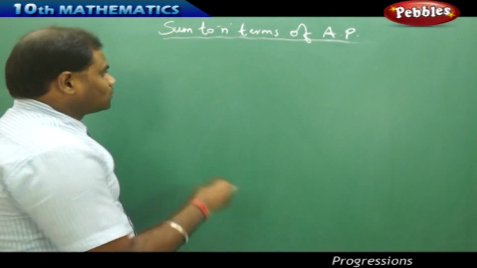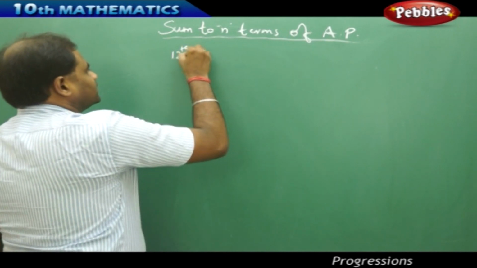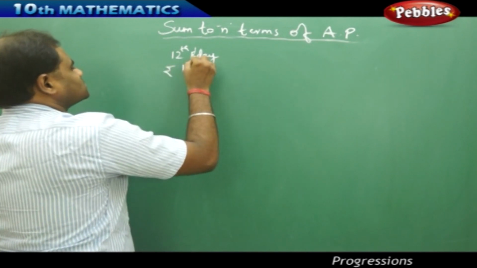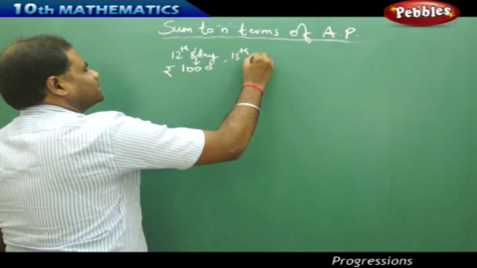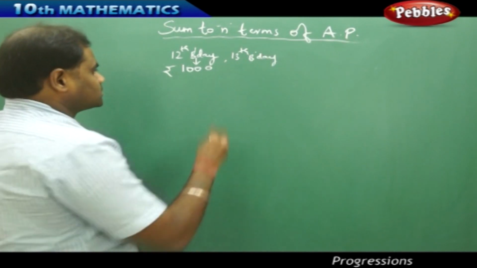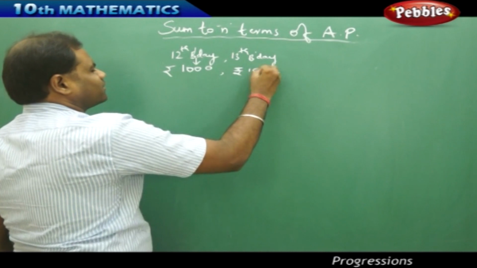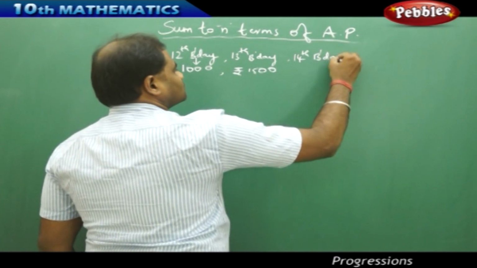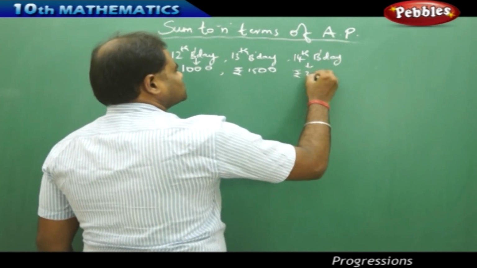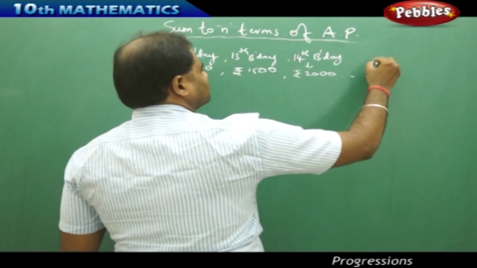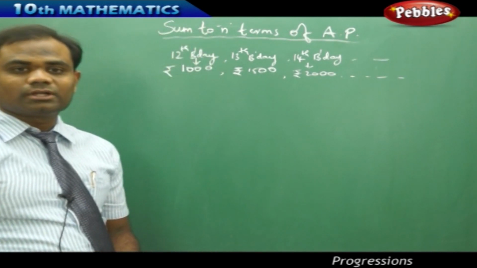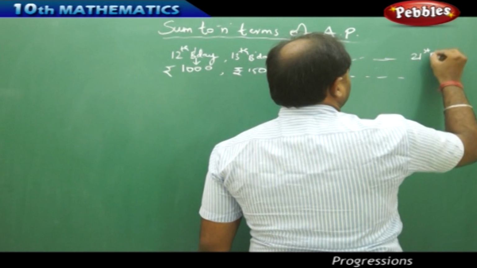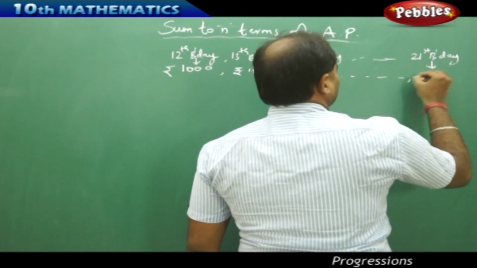If I take the 12th birthday, where the amount I got is rupees 1000, and my 13th birthday, where the amount I got is rupees 1500, then the 14th birthday where I got rupees 2000, and so on, I would like to find the total amount I collected by the end of the 21st birthday, where I don't know the amount.